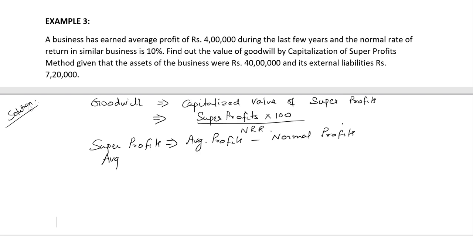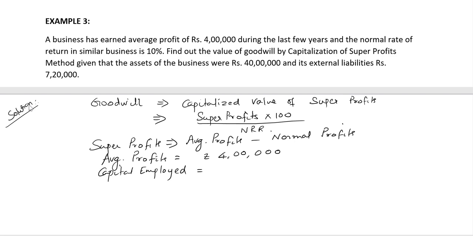Average profits as given in the problem is rupees 4 lakh. For the normal profits, we need the capital employed. So the capital employed in the business, we'll use the asset approach.